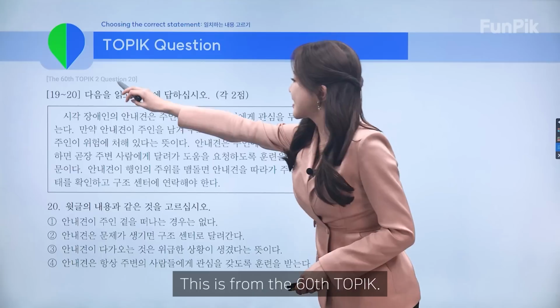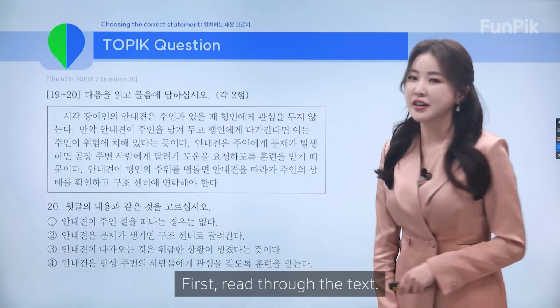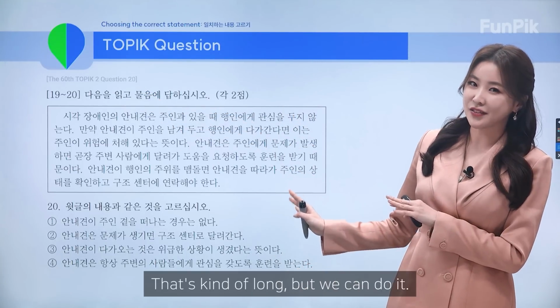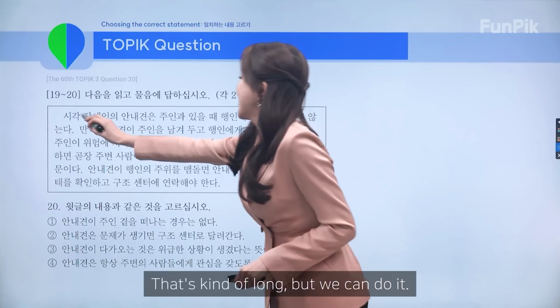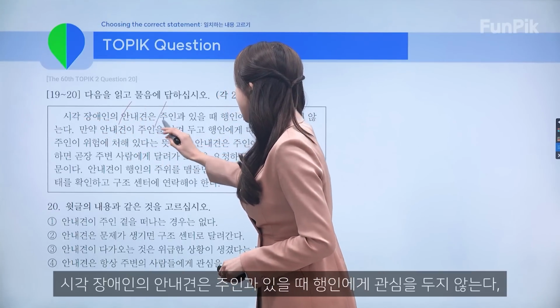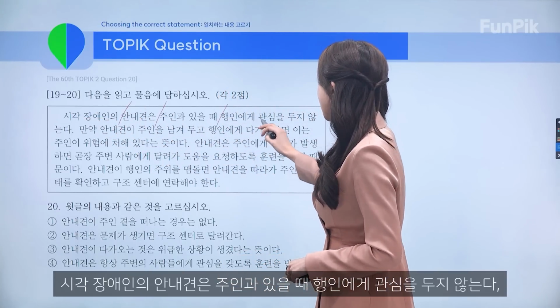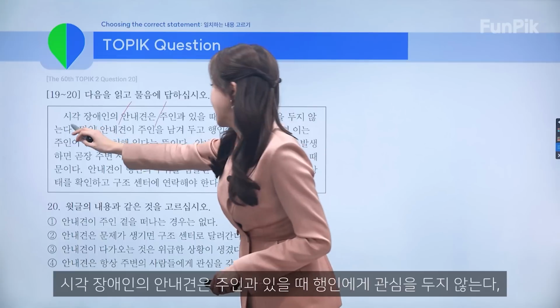This is from the 60th topic. First, read through the text. It's kind of long, but we can do it. 시각장애인의 안내견은 주인과 있을 때 행인에게 관심을 두지 않는다.